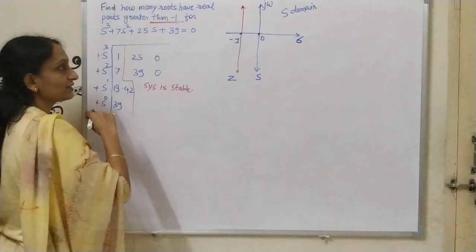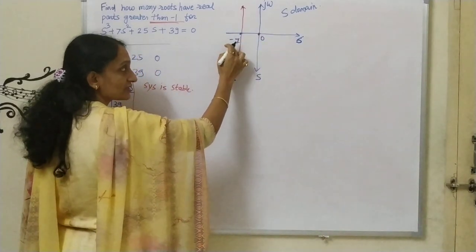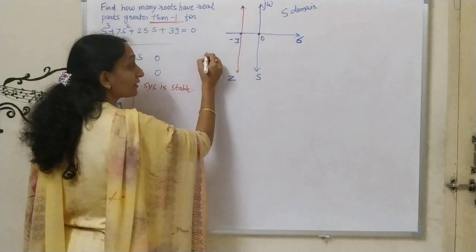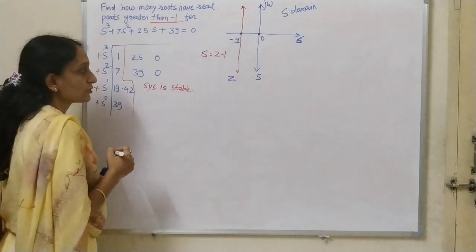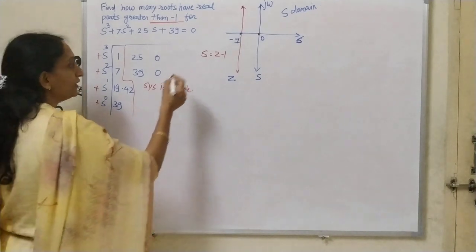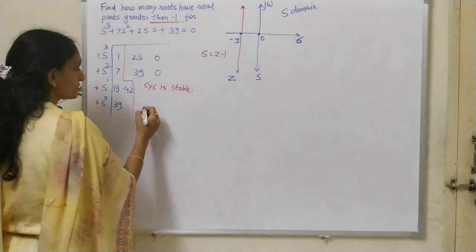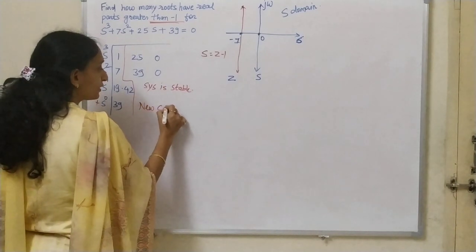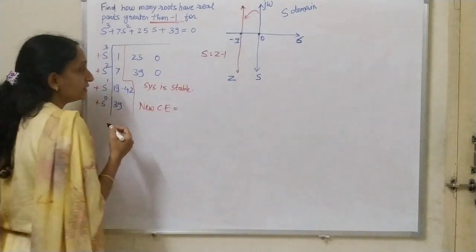Now in this question it is asked that the j omega axis is shifted to S is equal to -1. So what we generally do for such a case is write S is equal to Z -1. We need to put S is equal to Z -1 in the characteristic equation, and I will get a new characteristic equation by shifting the j omega axis to the new value.